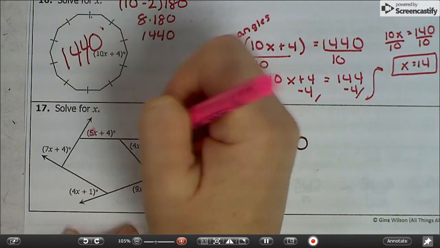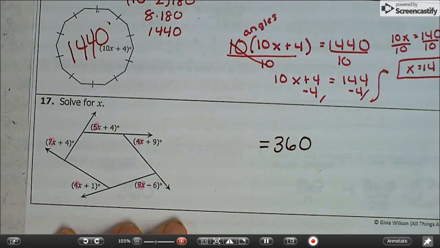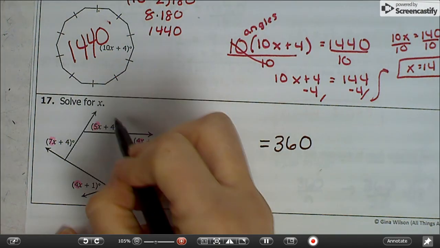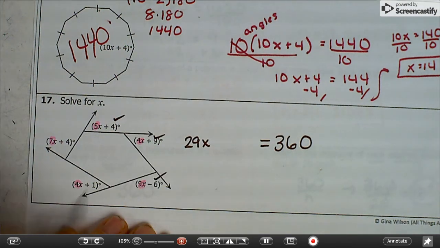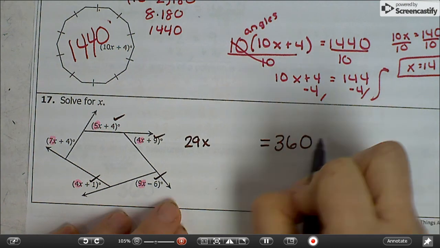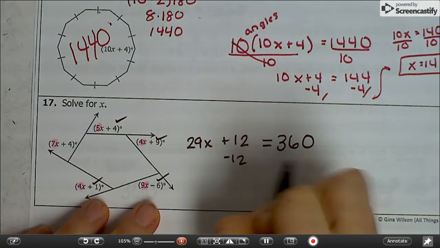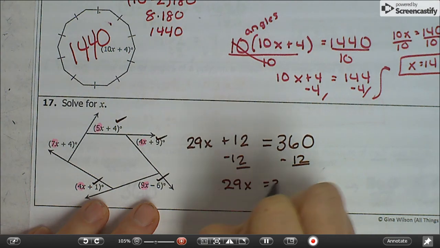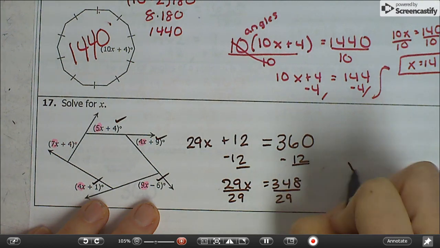First, finding anything that has an x, combining like terms, 29x, then constants, keeping the signs. And then solve. So x equals 12.